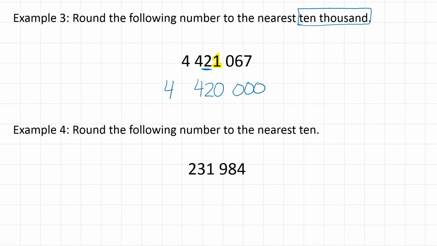Example 4. Round the following number to the nearest 10. Okay, so now we're rounding a big number to a smaller place value, which we can do as well. So this number is read as 231,984. Step 1, I'm going to underline the tens place.